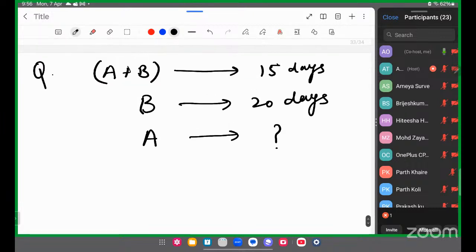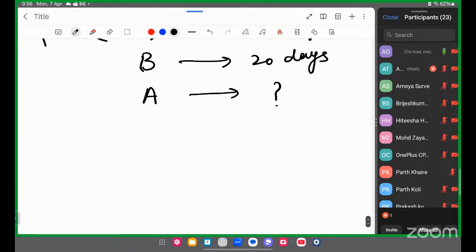So remember, in all these types of questions, time and work, whenever you have to do the calculation, you have to do it in reference to one day. In this question, we are given 15 days and 20 days, right? So first of all, we will convert this question in terms of one day, and then we will solve it.